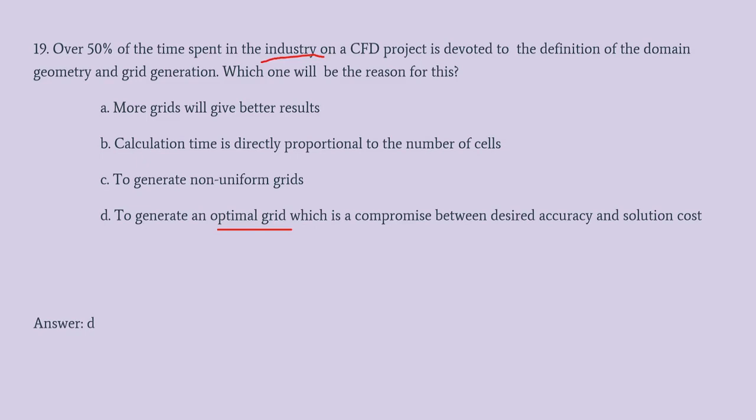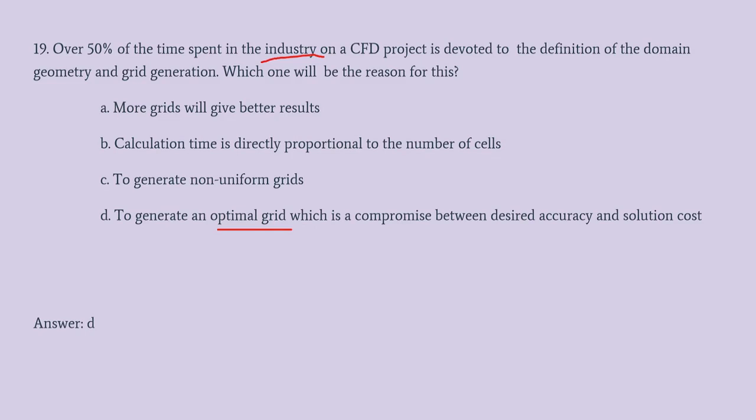Also, in most CFD courses, we go for the discretization of the equations, but meshing of the geometry is entirely another thing, where you have to understand how to divide the space.